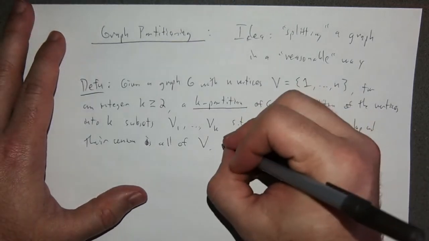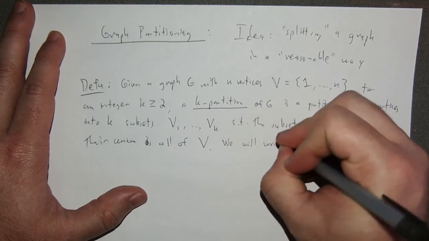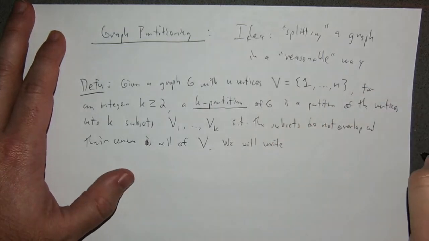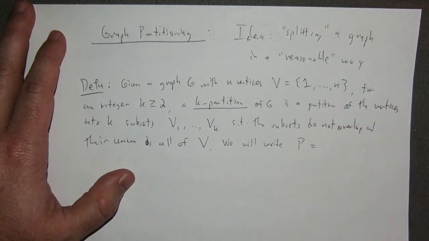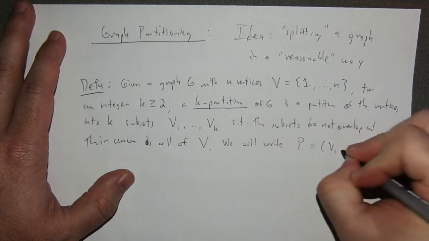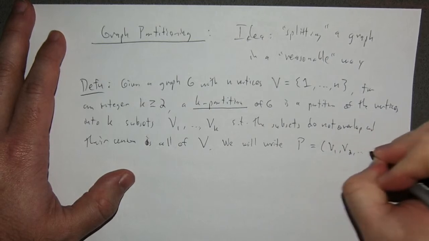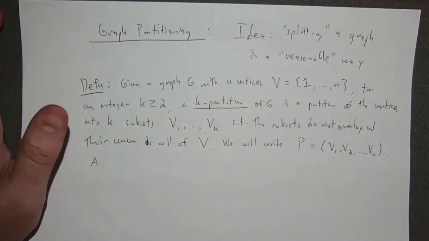So in that case, we will write that a partition is P, which is V1, V2 through VK. And a two partition is just called a partition.